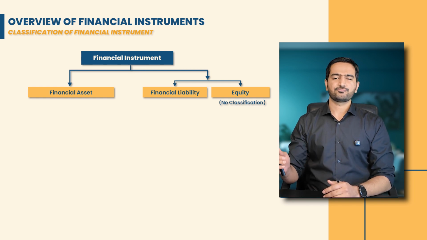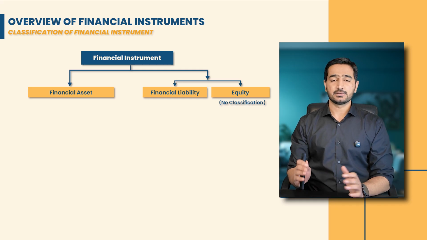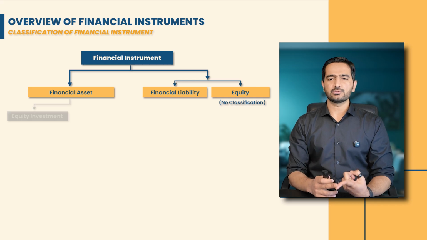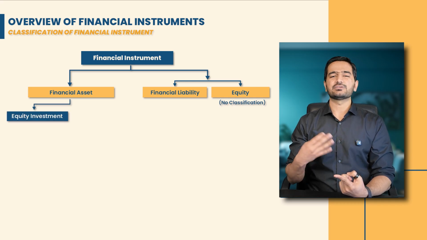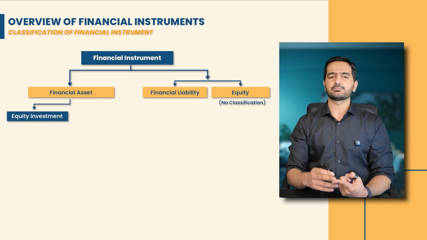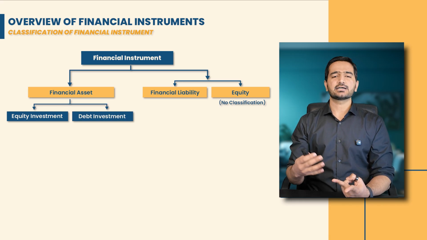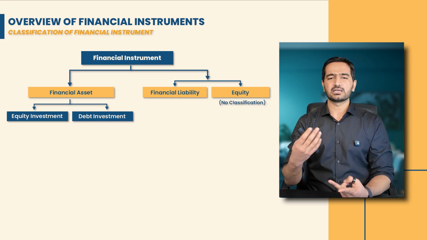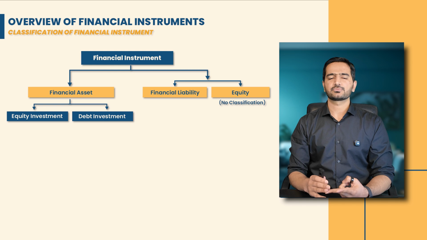My friends, financial assets come in two broad types. Remember this because it is important. Number one is equity investment. These are investments in the shares of another company. And number two is debt investments. These are everything else that is not an equity investment. Things like trade receivables, loans given, investments in bonds, debentures, or similar instruments.